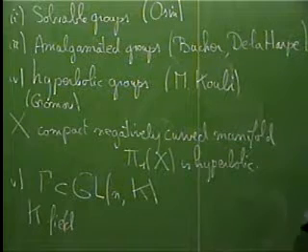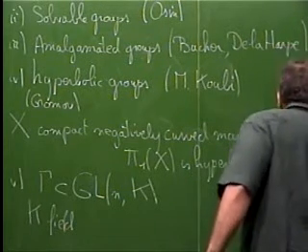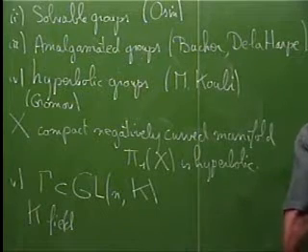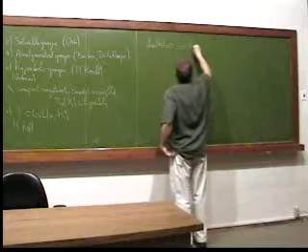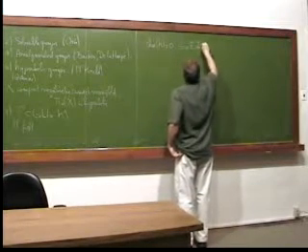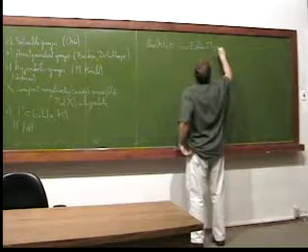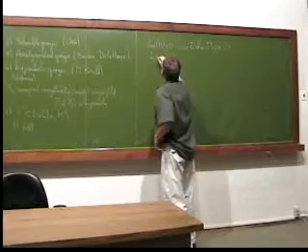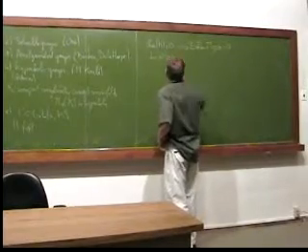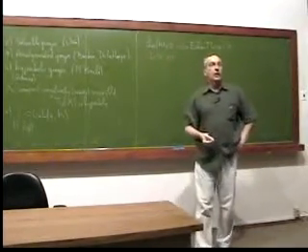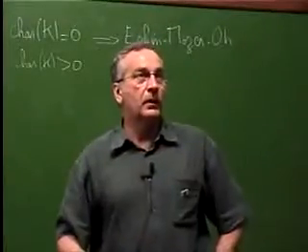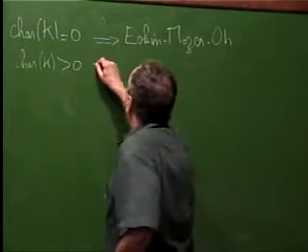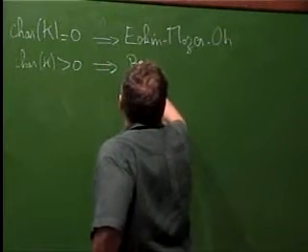If the characteristic of K is 0, then this is due to Eskin, Mozes, and Oh. And if the characteristic of K is positive, like for example, if K is a field of p-adic numbers or polynomials with coefficients in p-adic numbers, then this is due to Emmanuel Breuillard.